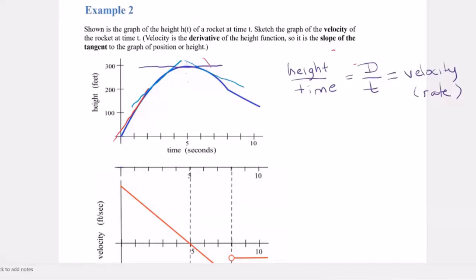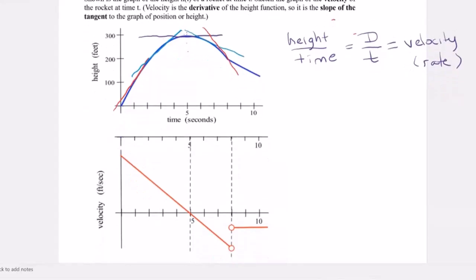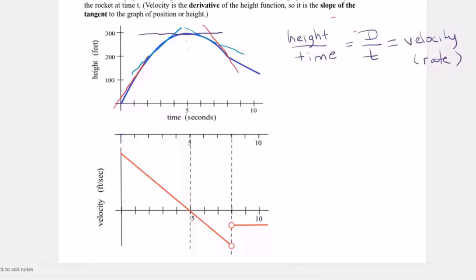Let's say I'm right here. That would be the slope of my tangent line. So it's kind of forming this line. And notice here at 5, I said my slope is horizontal, so my slope is equal to 0, and that means my velocity is equal to 0.